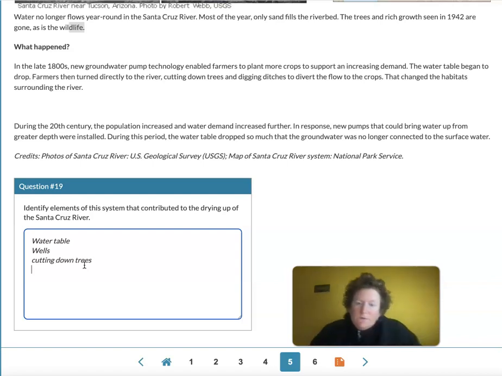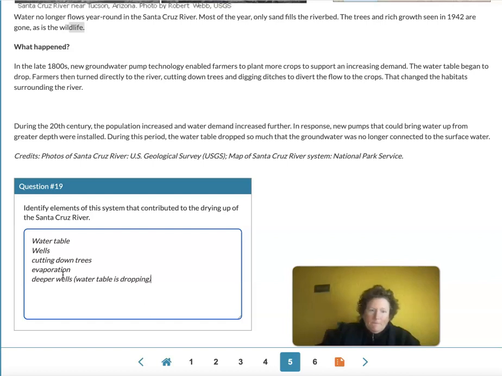If you cut down the trees, the water is more exposed to the sun and evaporates more easily. So we can say evaporation. We can say deeper wells. And that tells us the water table is dropping. And we can also say canals diverting the water.